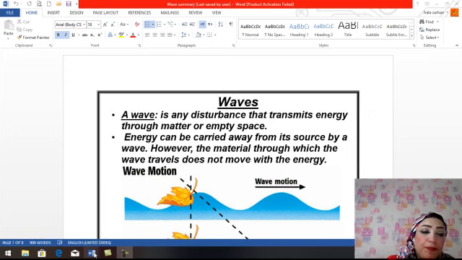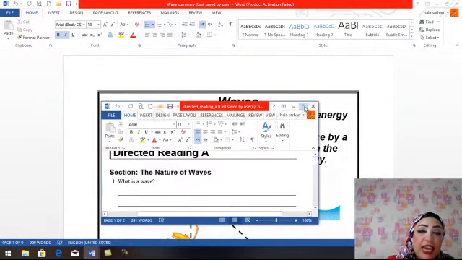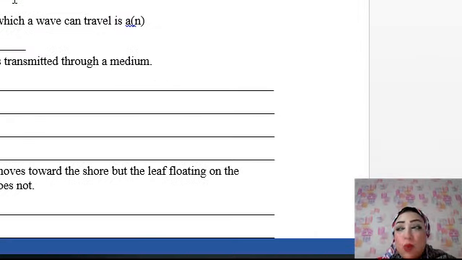If we have a look at Directed Reading A, you will see that the first question is, what is a wave? Or define wave. A wave is a disturbance that transmits energy from one point to another through matter, or a medium, or inside empty space.